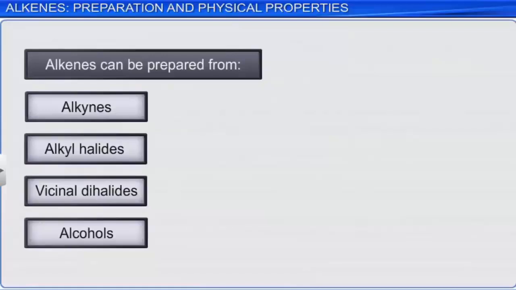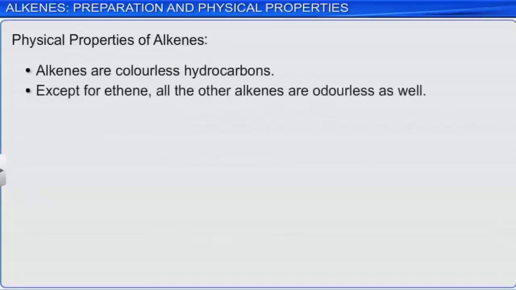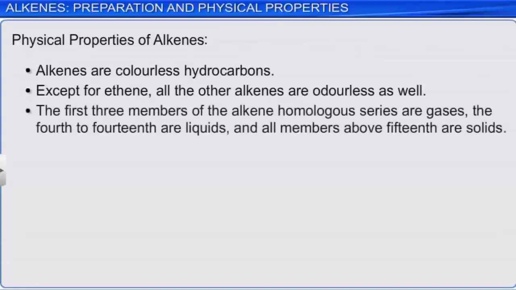Now let us look at the physical properties of alkenes. Alkenes are colorless hydrocarbons. Except for ethene, all the other alkenes are odorless as well. The first 3 members of the alkene homologous series are gases, the 4th to 14th are liquids, and all members above 15th are solids.